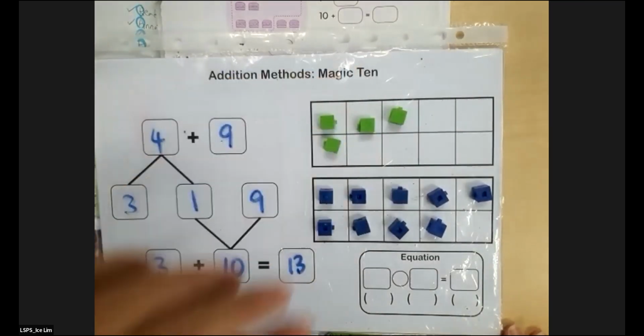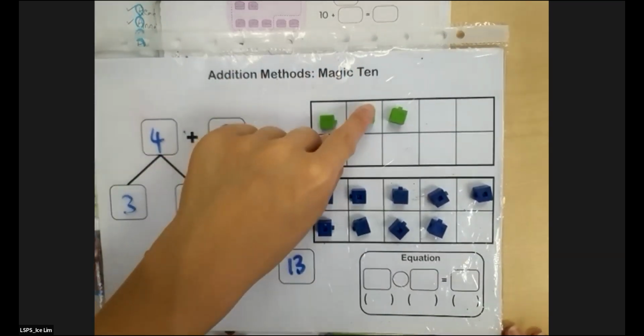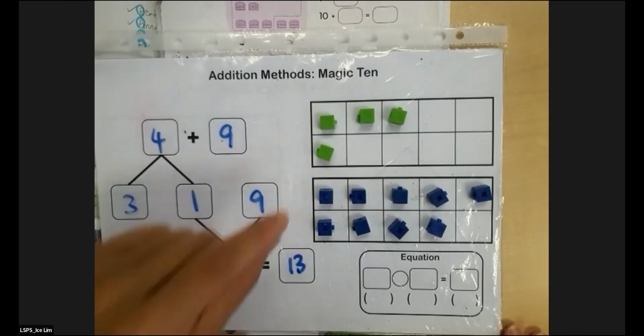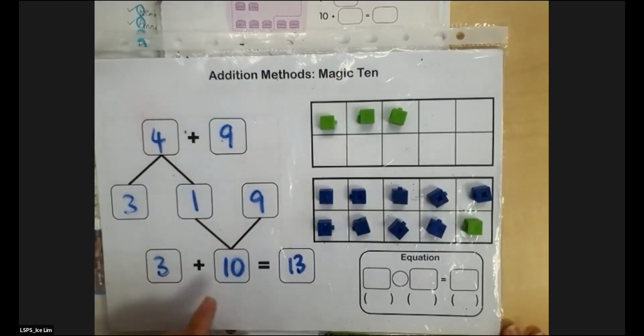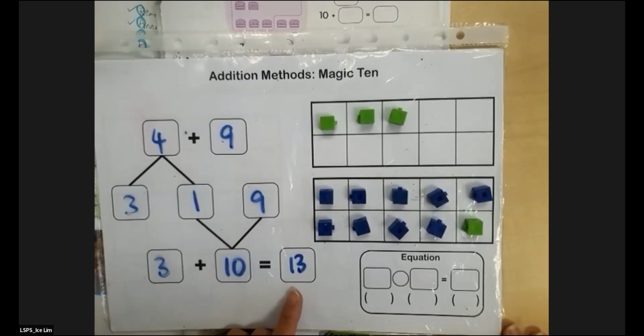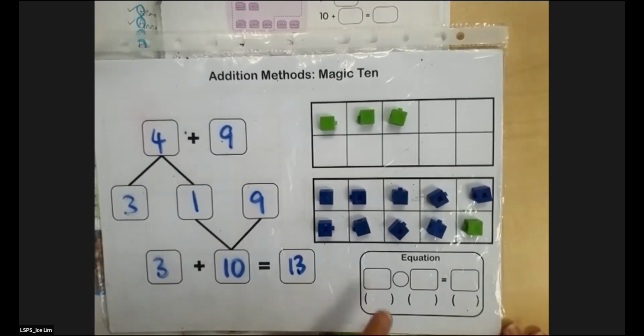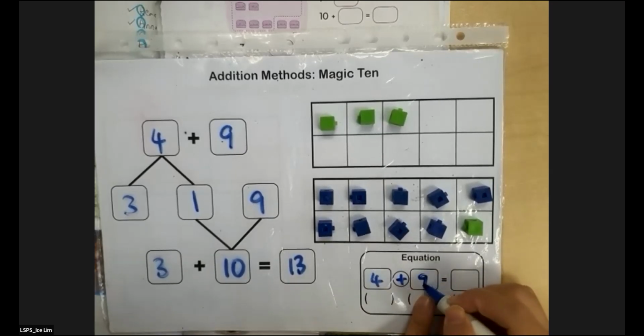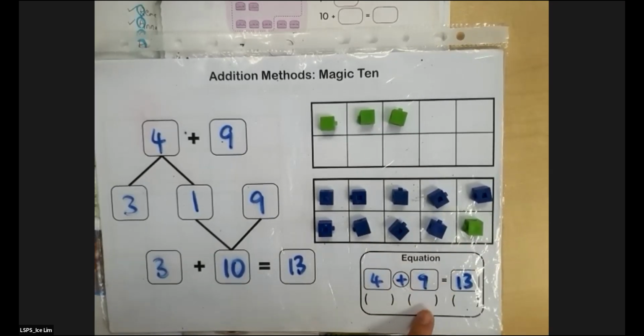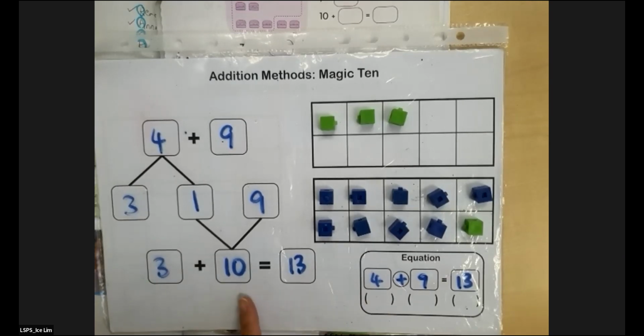So I have 3 and 1. I will take this 1 to join with 9 to make 10 first. So I have 3, 10, and 13. So I get 4 plus 9 equals 13. Can you understand this? Okay, this is the strategy of make 10 first.